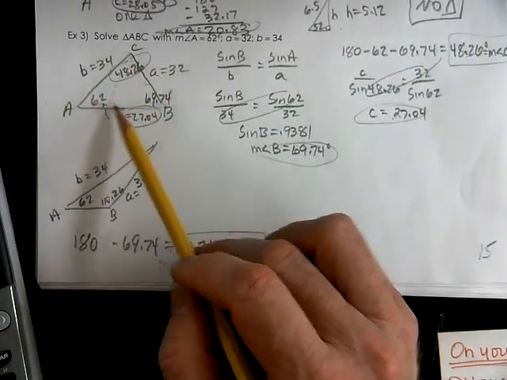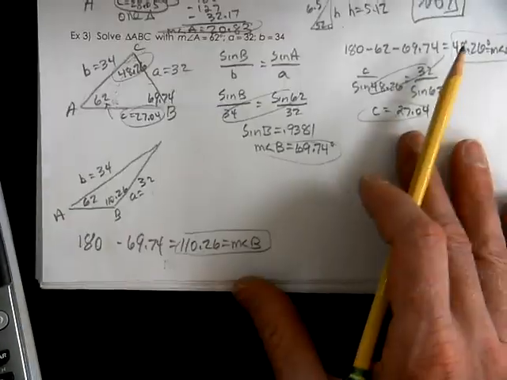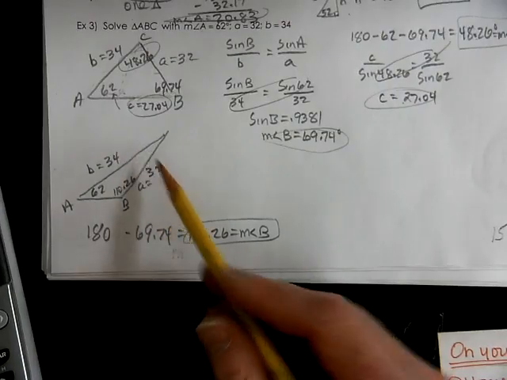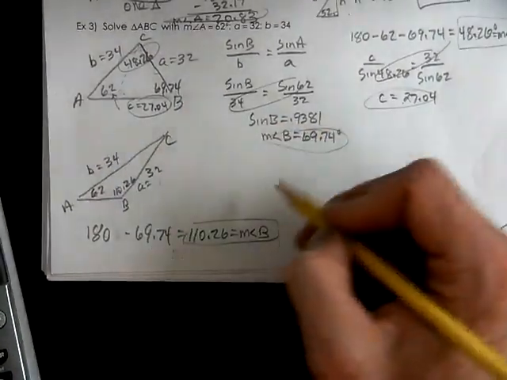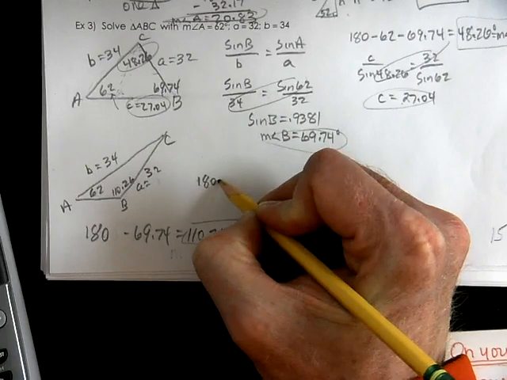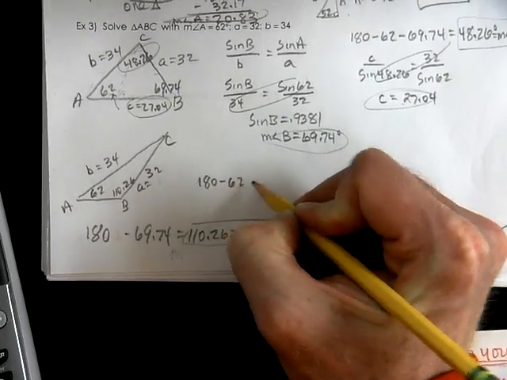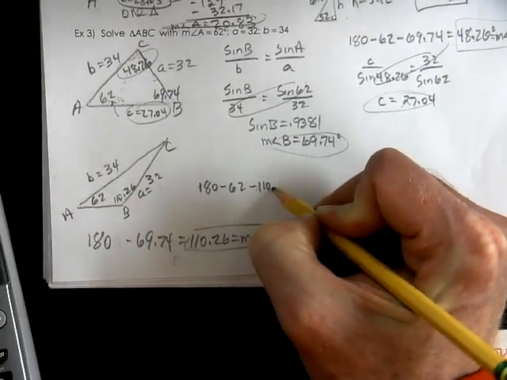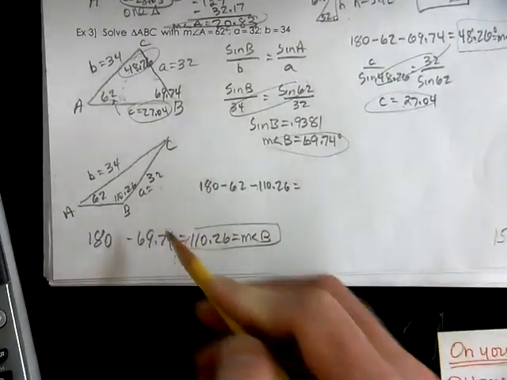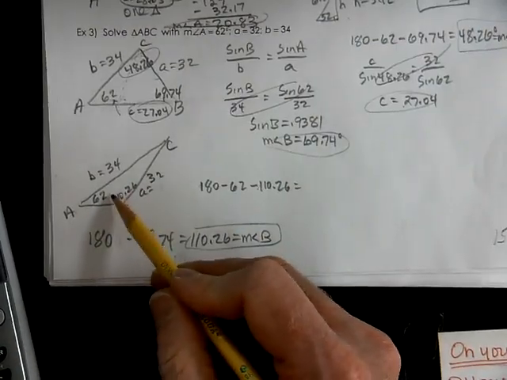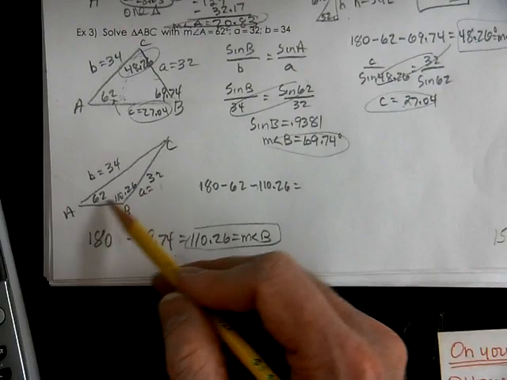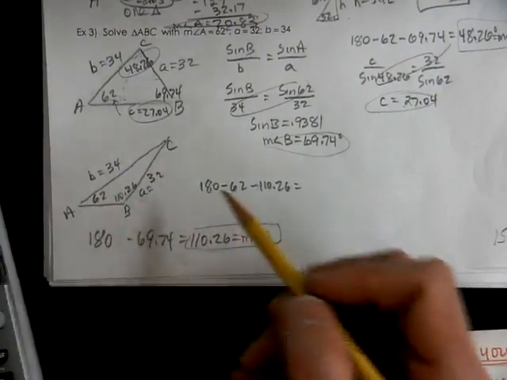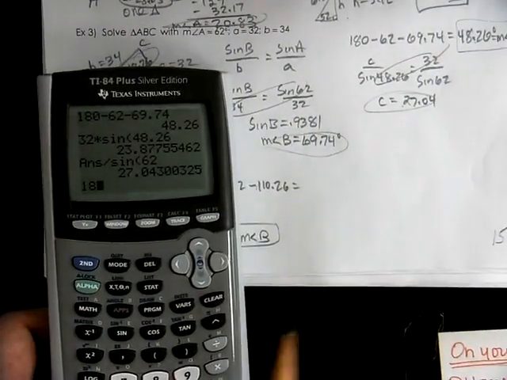That's an acute triangle. This obtuse triangle, well, again, we have to find angle C. So that's going to be 180 minus 62 minus the 110. Think about what that means. You have two angles. You're looking for the third angle, so you're going to use the 180 rule to help us calculate this.